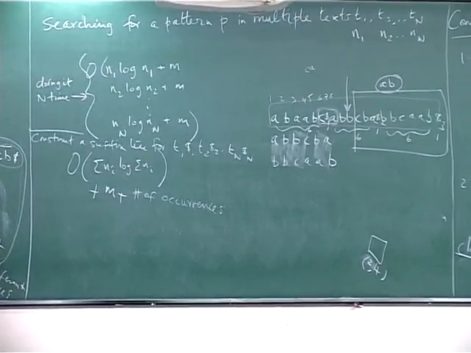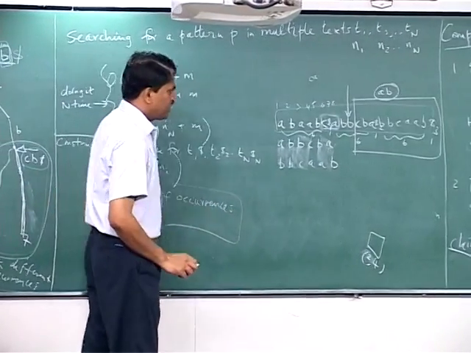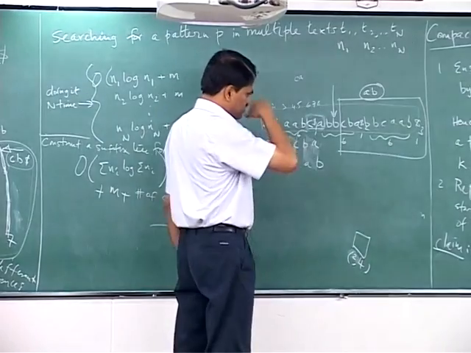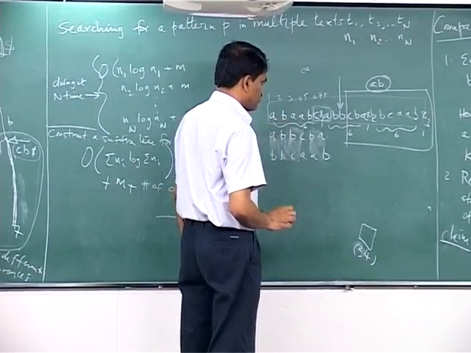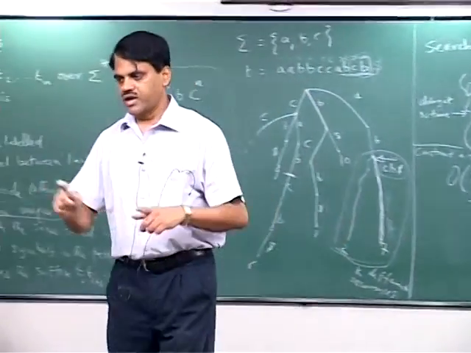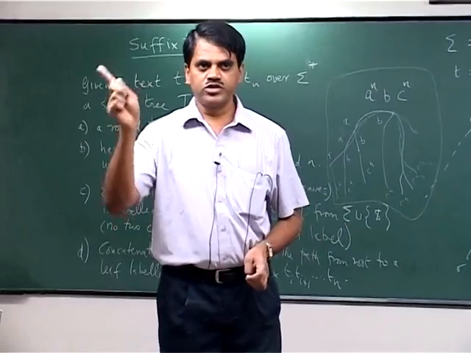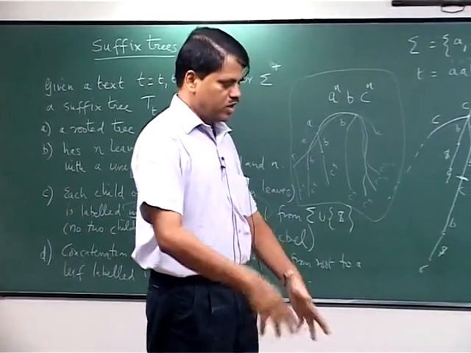You can do some optimization here to reduce the number of nodes. In particular, I won't get into it. I'll just leave it at the high level. So you can concatenate them all. The thing is that you spend only time proportional to m once for the pattern, and then look at all occurrences.